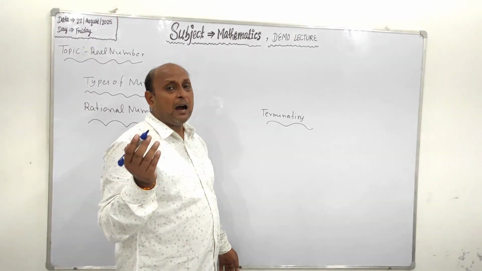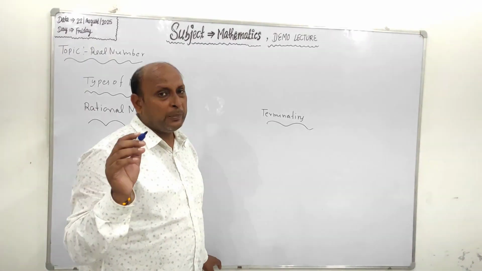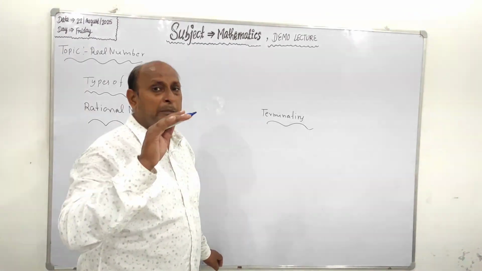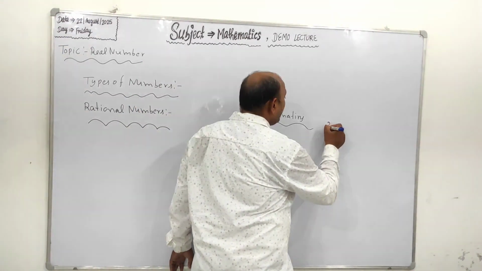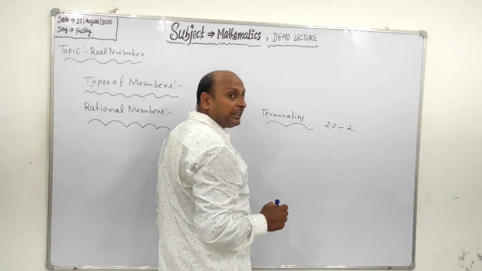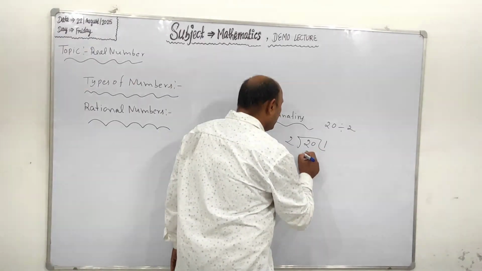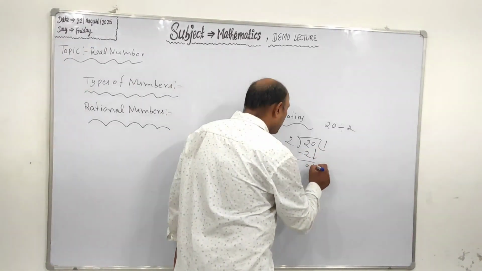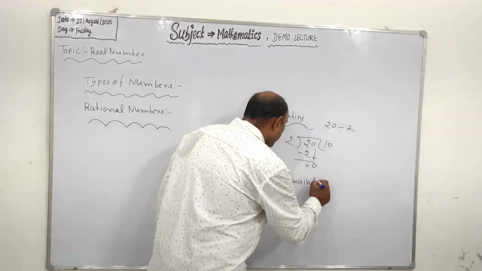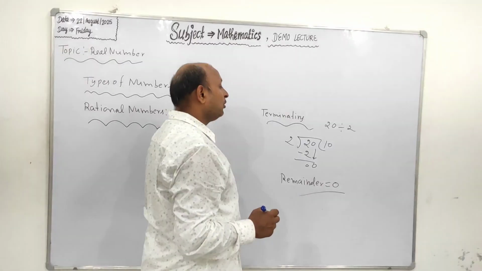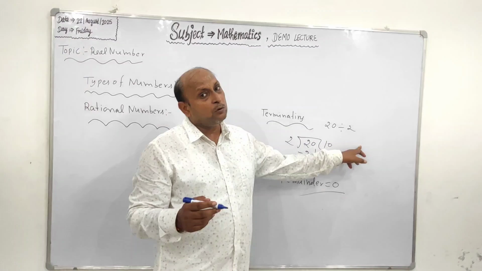Students, when we divide any number by another number and we get the remainder 0, then we can say that the first number is terminated by the second number. Suppose 20 divided by 2. 2 ones are 2, 2 tens are 20. You can see that the remainder is equal to 0. So we can say that here 20 is terminated by 2.